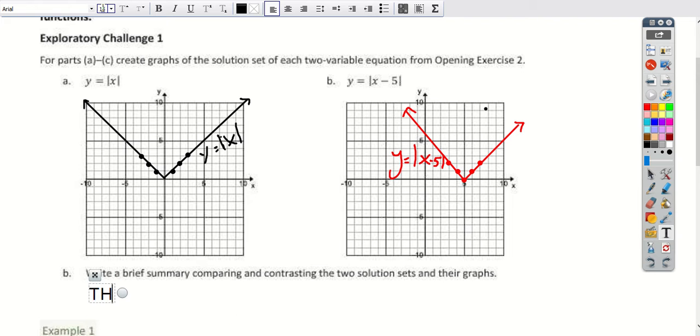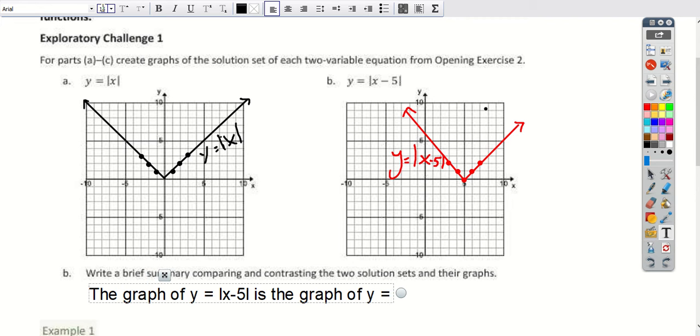So the graph of y equals the absolute value of x minus 5 is the graph of y equals the absolute value of x, just shifted 5 units to the right.